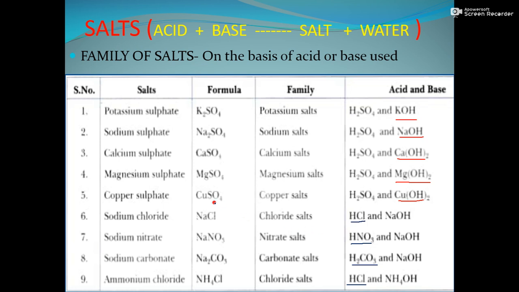So we can say this one is the sodium family, this one also sodium family, this one also sodium family, but on the basis of base used. So the first examples are named on the basis of base used, and the next 4 examples are named on the basis of acid used.